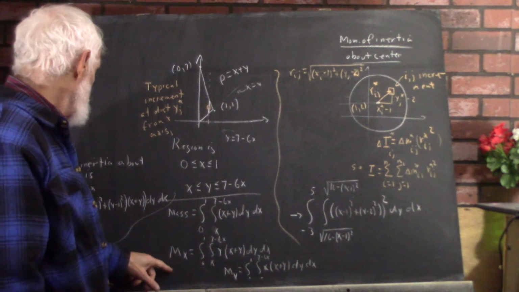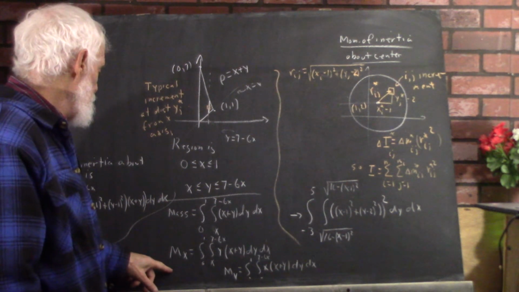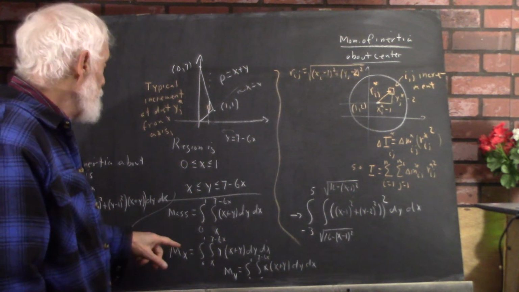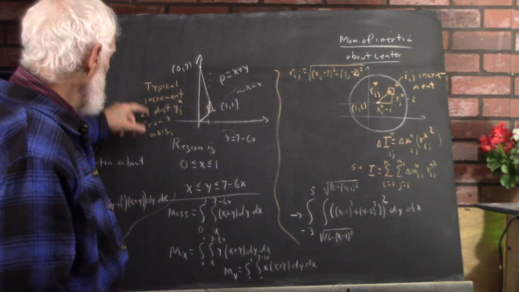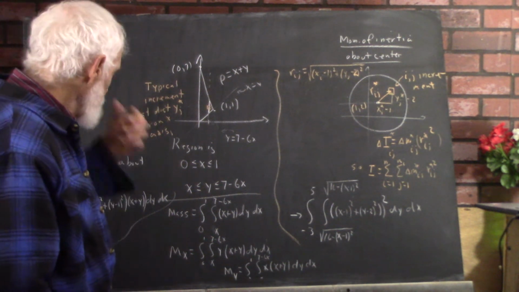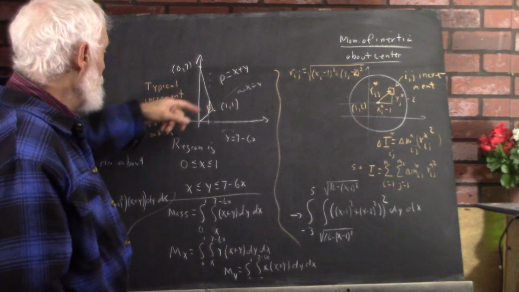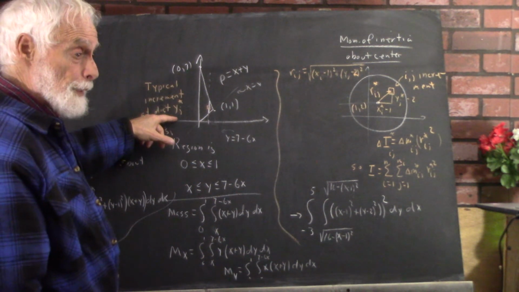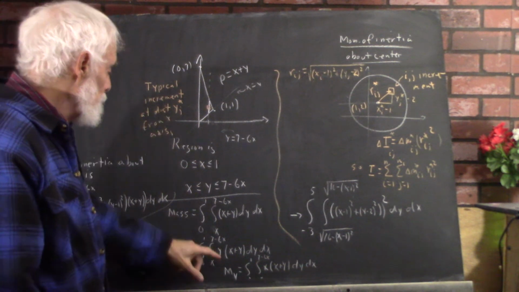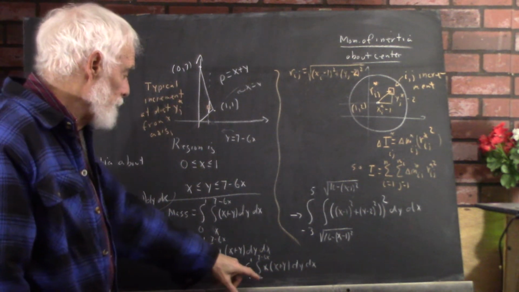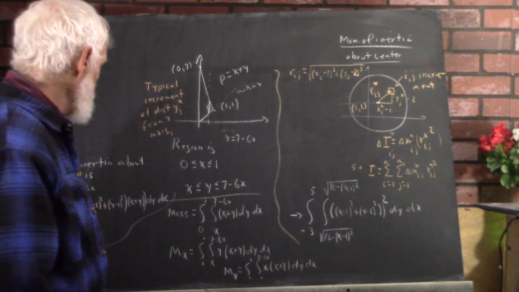If we want the x moment, then since our typical increment is a distance yj star from the x-axis, we're going to have to multiply the mass of that increment by its distance from the x-axis, yj star, which will give us a y here. And for my, we're going to have to multiply by x for reasons that are totally analogous.